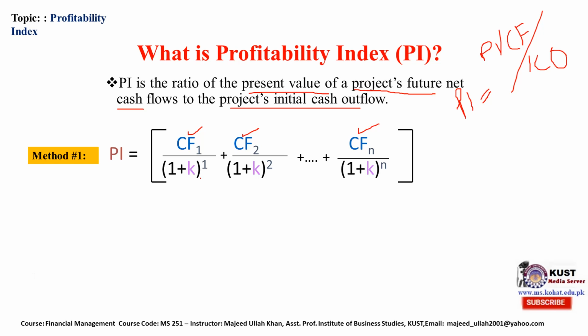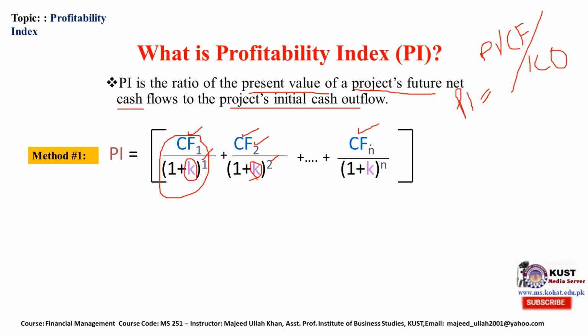So how will we calculate the present value? The first year cash flow will be discounted with the rate of k, that is the discount rate for the first year. The second year cash flow will be discounted with discount rate of k raised to the power of two. This is the formula as we discussed in earlier lectures.